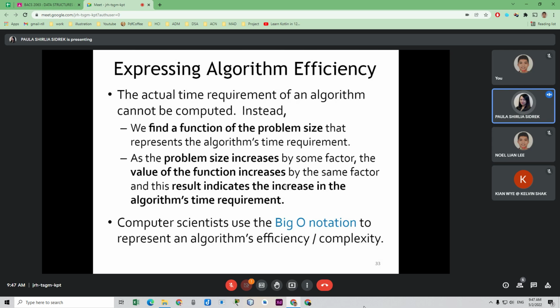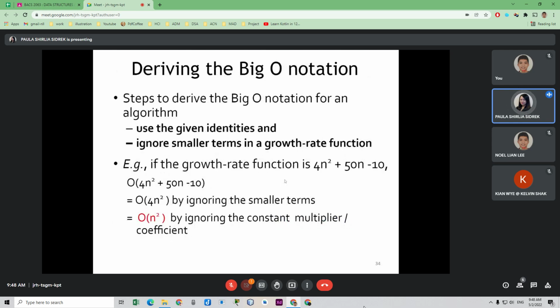Computer scientists basically use the big O notation to represent an algorithm's efficiency or complexity. There are many O notations. These are the steps to derive the big O notation for an algorithm. There's a question in your practical 3 self-review: please list down or describe the steps to derive the big O notation for an algorithm.